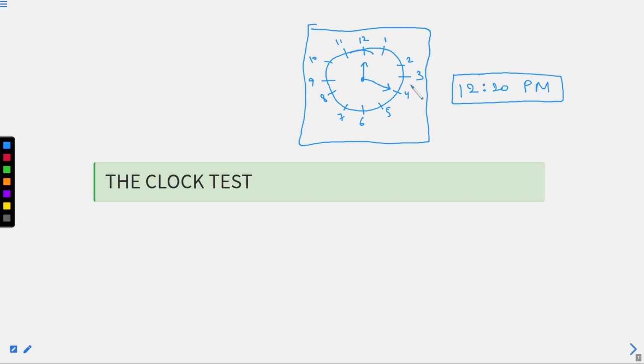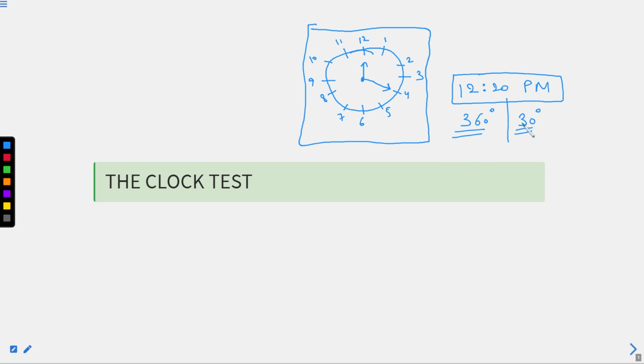I hope you are very well aware of how much distance a minute hand covers in an hour. That is 360 degrees. And the distance covered by our hour hand in an hour is 30 degrees. So if we talk about a minute, how much distance does the hour hand cover?